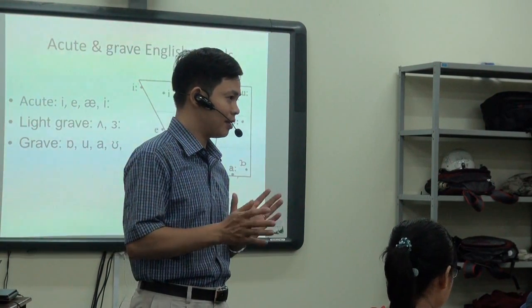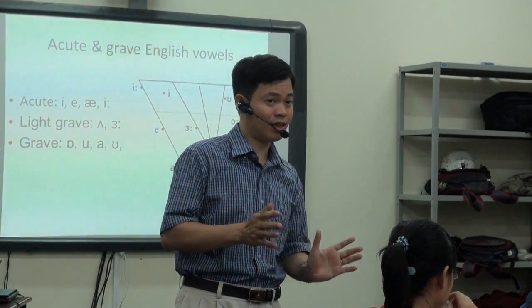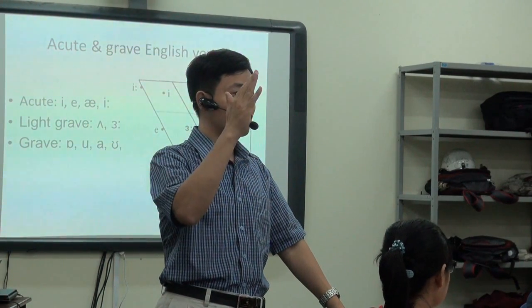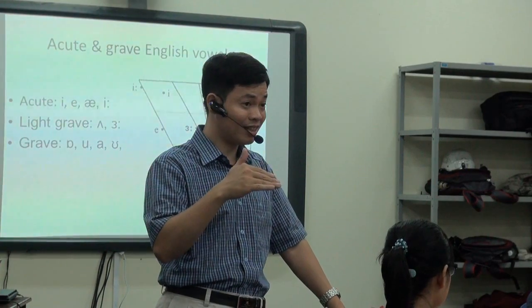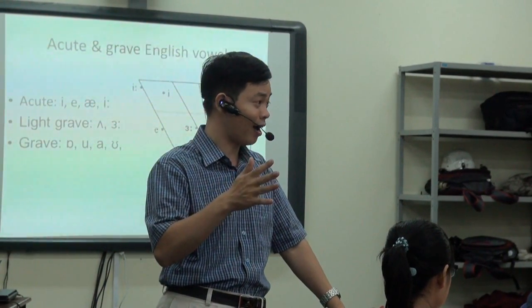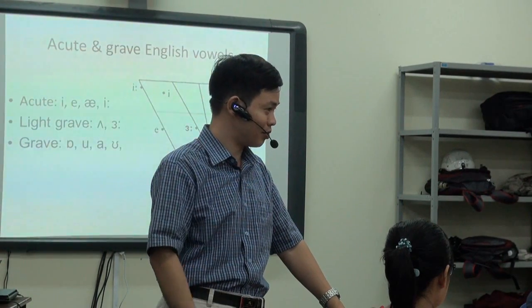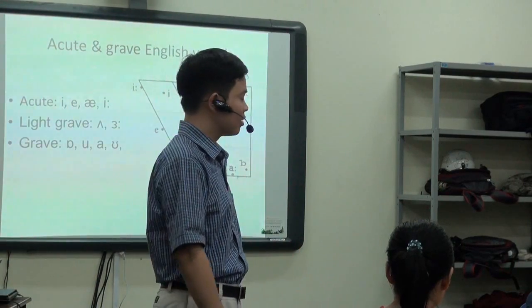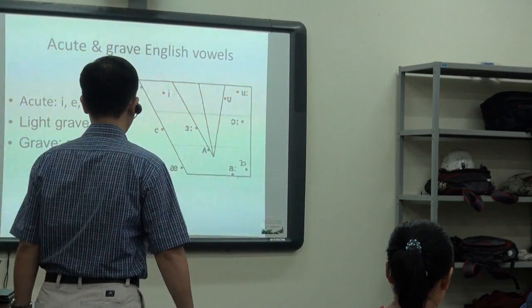But in tonal languages like Vietnamese and Chinese, when you use a different tone, the meaning changes, right? Ma, ma, ma, ma, ma. They are all different, and that's why being acute or being grave really counts.